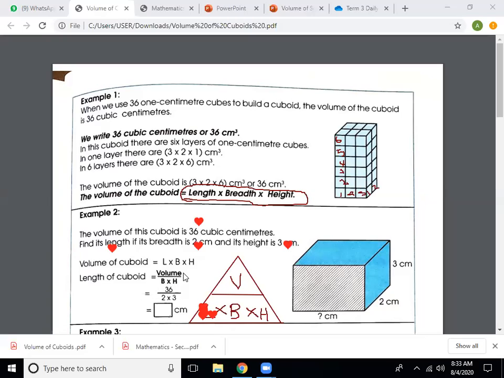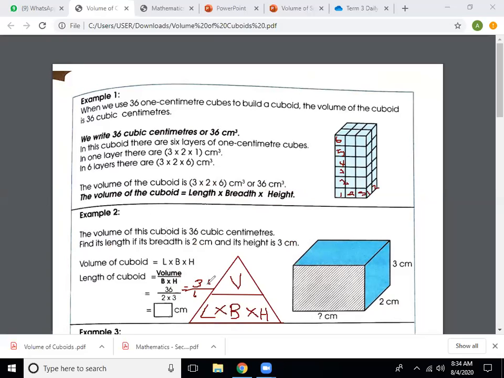So again, formula, volume over breadth by height, 36 over 2 by 3. So if I were to work it out, because I now realize that they did not work it out, it will be easy to work out. To work it out would be to take 36. Now you could do very easily, you could do 2 threes are 6 and you end up with 36 over 6.